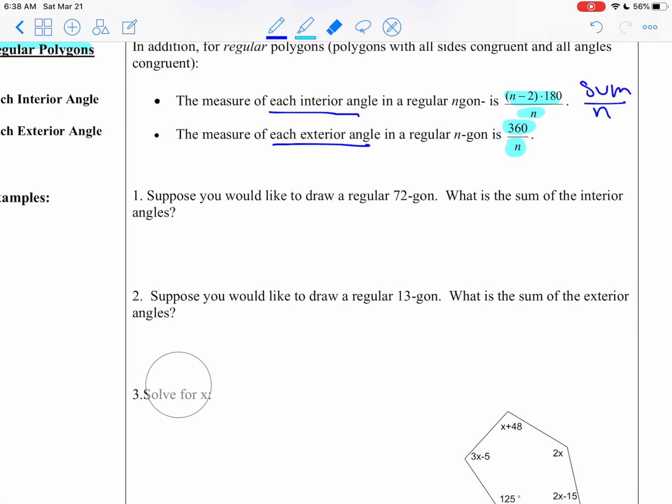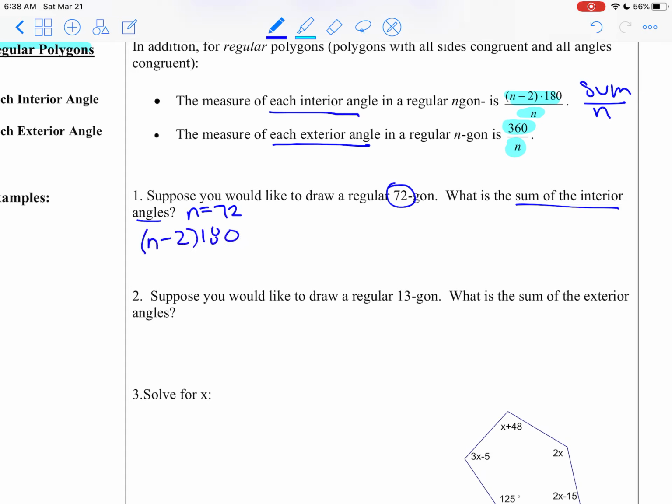Alright, so let's do some practice. Suppose that you like to draw a 72-gon. The question's asking for the sum of the interior angles. We have 72 sides, so n is equal to 72.